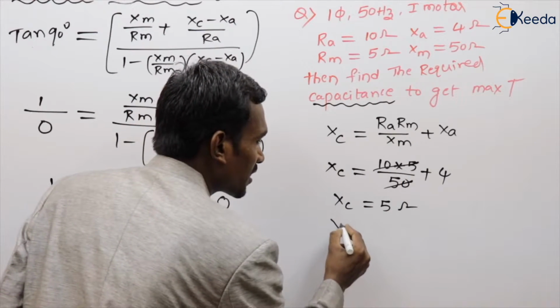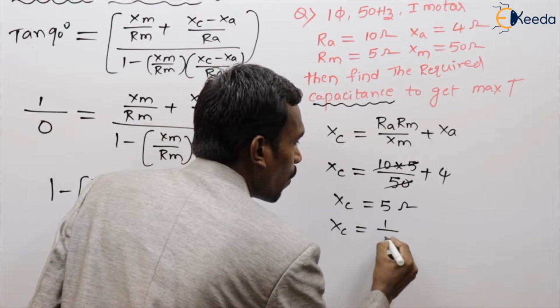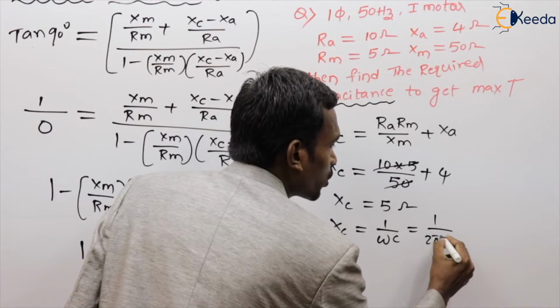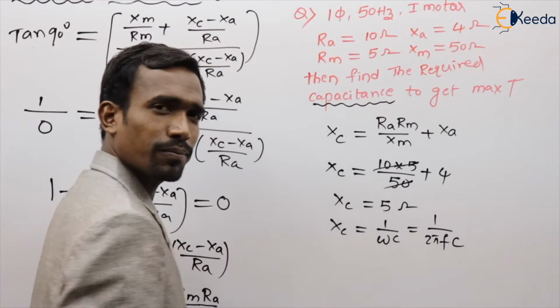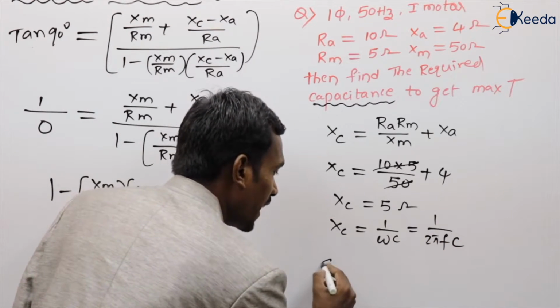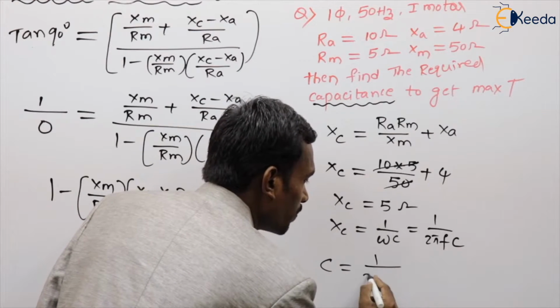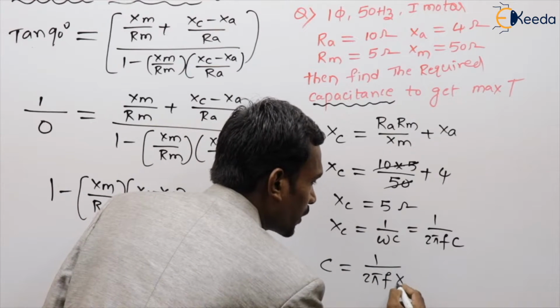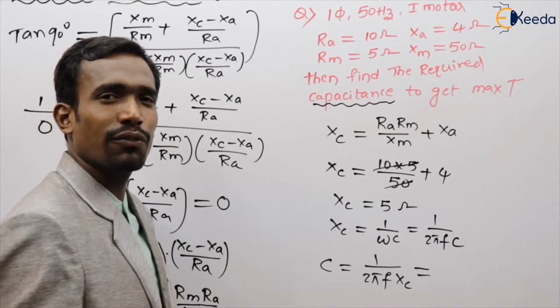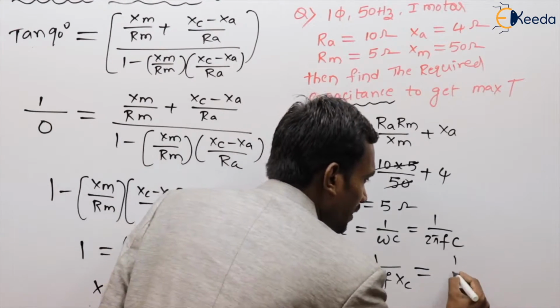Xc is equal to 1 by omega C, nothing but 1 by 2 pi f into C. I want C. So C is equal to 1 by 2 pi f into Xc. Now tell me what is the answer.